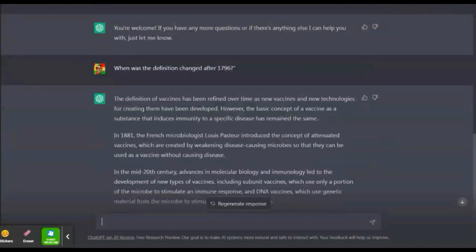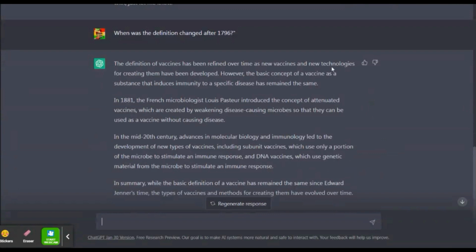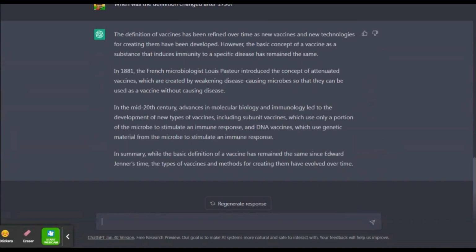So we start to see that from the late 1700s to 1800s to the mid 20th century, things shifted dramatically and drastically. And they love to tell us, trust the science, trust the science. But science is always shifting and forever changing. It is not like mathematics, which is constant and can be replicated. That's real science.